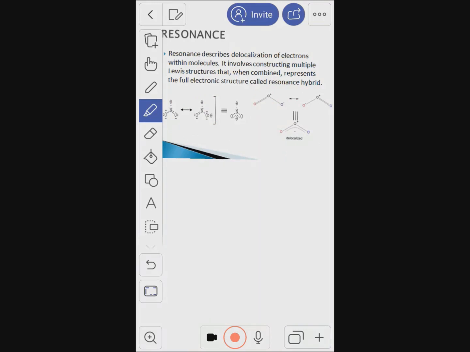Next is resonance. Resonance represents the delocalization of electrons within the molecule. For example, as in case of NO2 molecule. In case of NO2 molecule, nitrogen has a double bond with one oxygen and a single bond with the other oxygen, and it carries one minus charge.